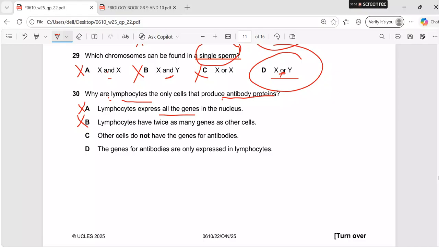Other cells do not have the genes for antibodies. No, other cells have genes for antibodies, but they are not expressed.